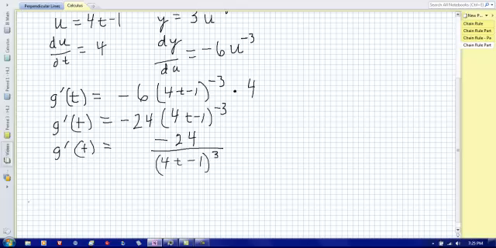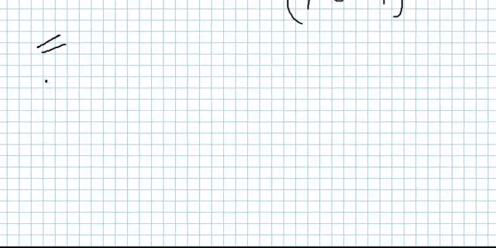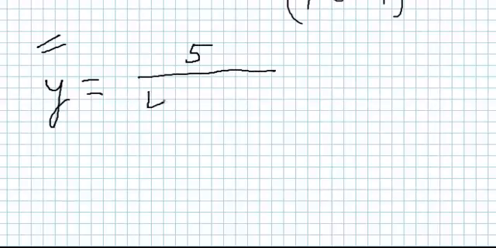Now then, let's do one more function here. Let me get a little bit more room here. We'll start with this one with y. y is equal to 5 over 4 times (x squared minus 1) cubed.